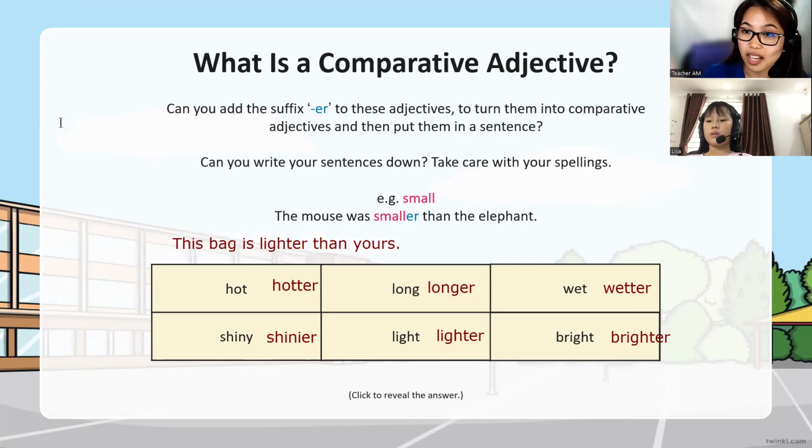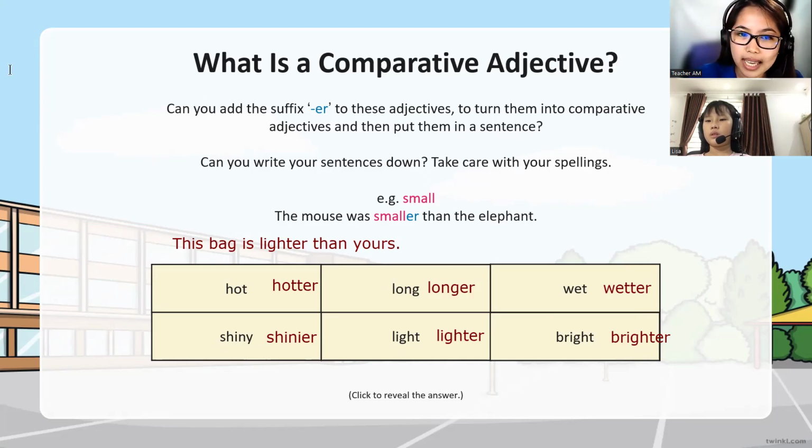Lighter, that means not heavy. When we carry it, it's just light. Or you can also say light that refers to this one. Right now it's lighter than earlier. So there are two meanings of light. That means not heavy, and the other one, which is so bright.